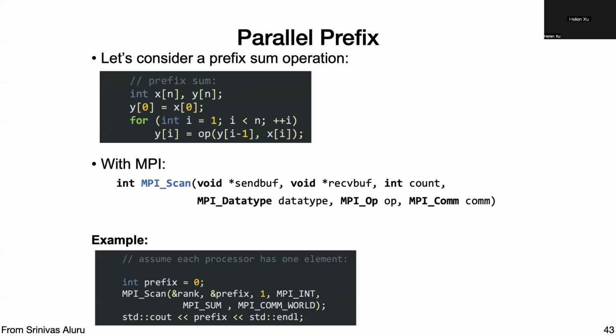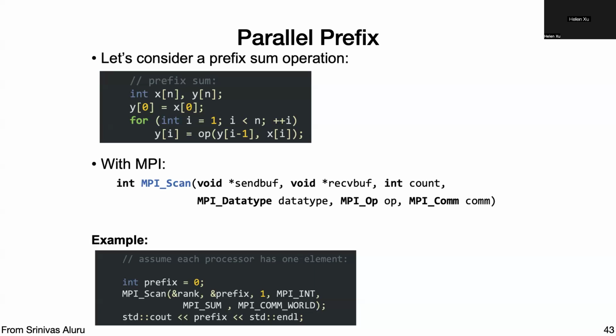What would be the difference between reduce and scan? Reduce is one element onto the root, and scan gets you one element on every process.